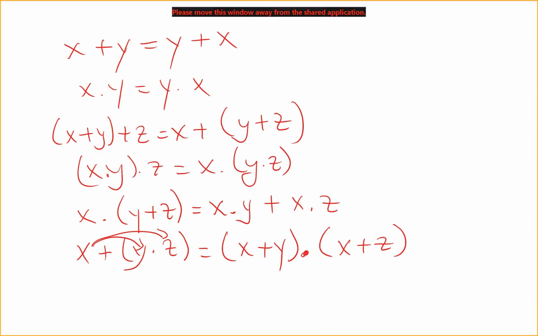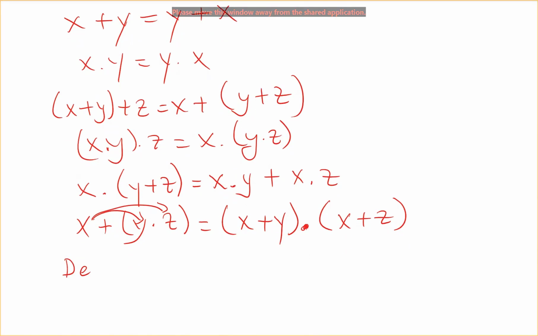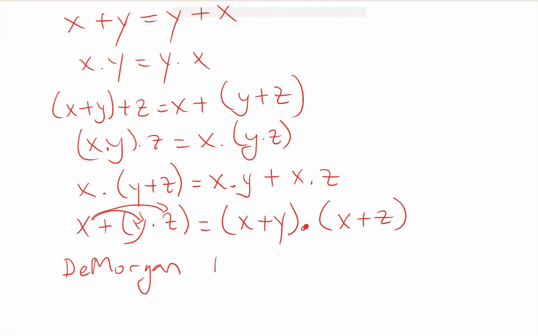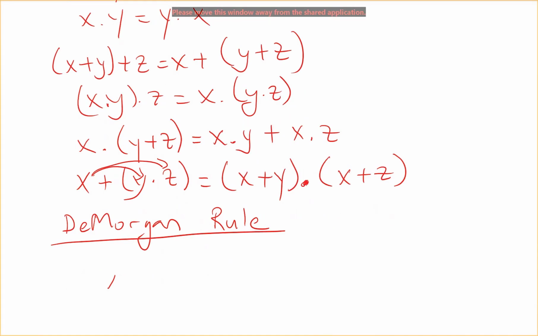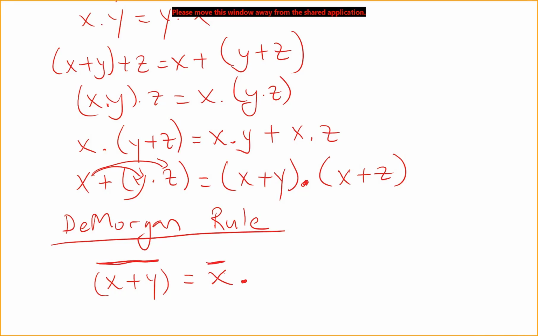The other two properties are called De Morgan's rule. If I have not of (x or y), this is equal to x not and y not.